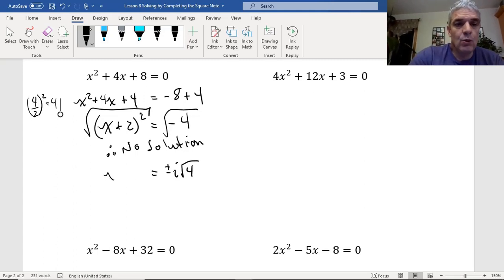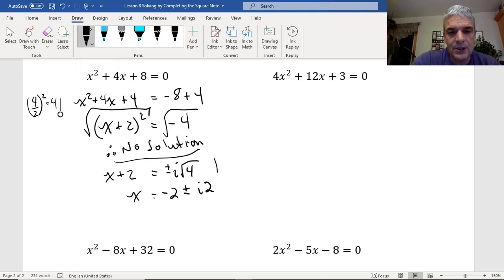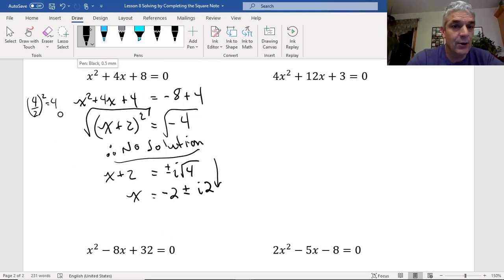And that will equal x plus 2. And so in the end, we get x equals minus 2 plus or minus i2, which is an imaginary number. It doesn't really exist. We don't tend to do this. We tend to stop right here. But I like to explain to students that it can sometimes be referred to as an imaginary number.